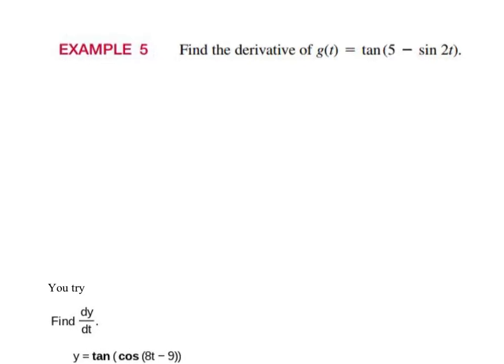Find the derivative of g of x equals tangent of 5 minus sine of 2t. Well, I'm not going to panic. There's a lot of stuff going on here, but I know that the main function we're talking about, the outer function, is tangent. So I'm going to start off by taking the derivative of tangent, which is secant squared. Notice how the angle stays the same.